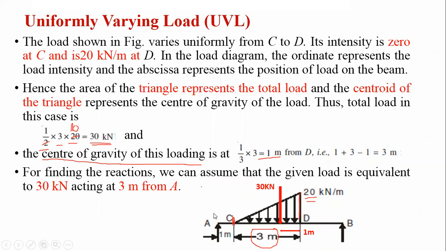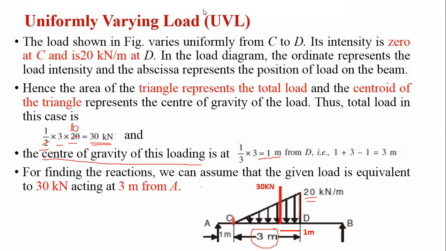It means that from the support A, this concentrated load is at a distance of 3 meters. To find the reaction, we can assume that the load given is equivalent to 30 kilonewton acting at 3 meters from the support A. In this way, the triangular load is converted into a point load.